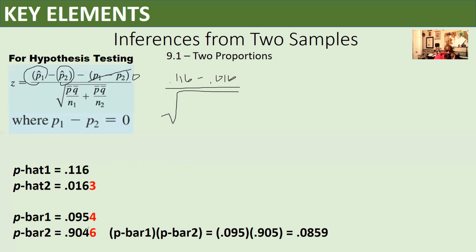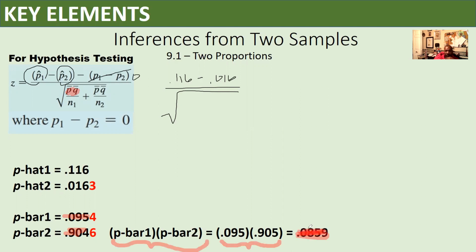Now, we can round these values up a little bit. And also, if you look at this equation, we need to multiply these values. As you can see right here, our task is to multiply in this denominator P bar times Q bar. So we have the values here and here. And what I'm doing right here is multiplying them. So this right here is multiplying those two values, and it gives us this value.